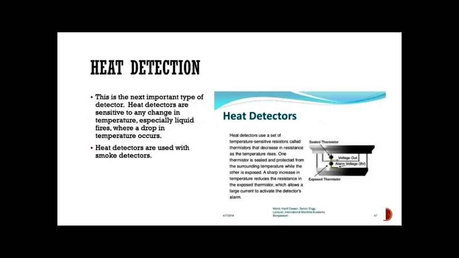This is an important type of detector because it is sensitive to any change in temperature, especially, remember, if we have liquid fires where a drop in temperature occurs. If you see the example on the right, the visual, it's sensitive to that, and the thermistors decrease in resistance as the temperature rises.